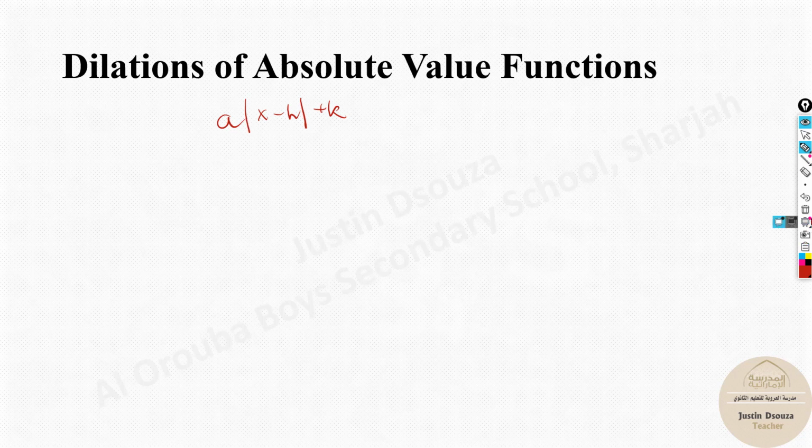I'll just remove that because, say for example, I have graphs where a is bigger than 0. I will take say 5, and then I have modulus x over here, and a less than 1 but greater than 0. See, the conditions are a must be greater than 1, or a must be greater than 0 but less than 1.